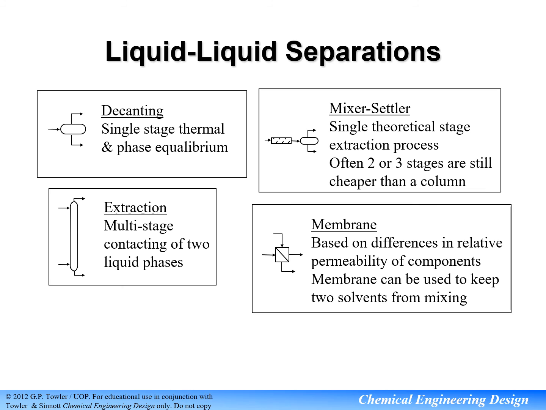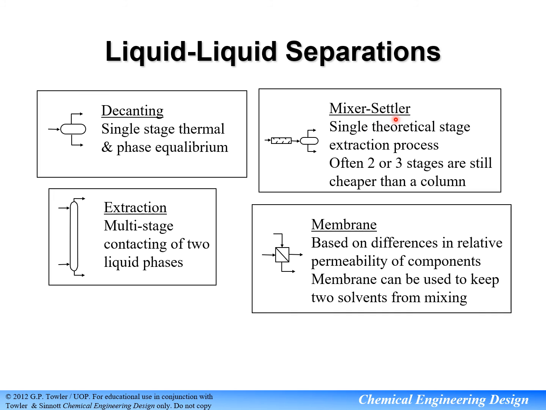Okay, for the liquid-liquid separations, we have four: decanting, mixer settler, extraction, and also membrane. Decanting normally is a single stage thermal and phase equilibrium. For extraction, we have a multi-stage contacting of two liquid phases. You can choose the type of separator based on the necessity of your process.